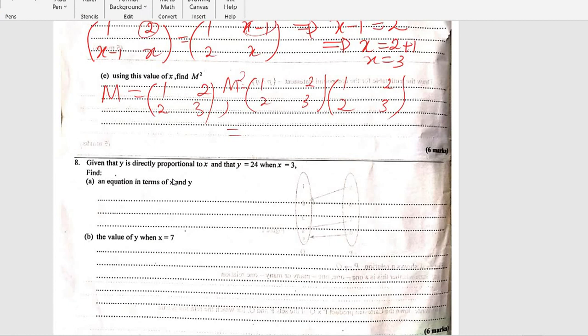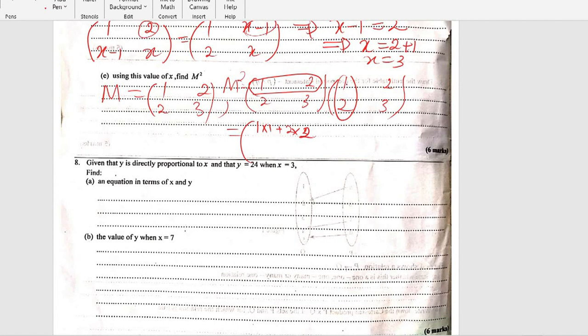okay, looking at this, to multiply matrices, we always make sure that we take the row multiplied with the column. So it will be 1 times 1 plus 2 times 2, 1 times 1, 2 times 2.